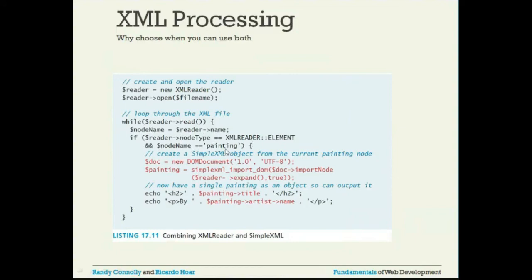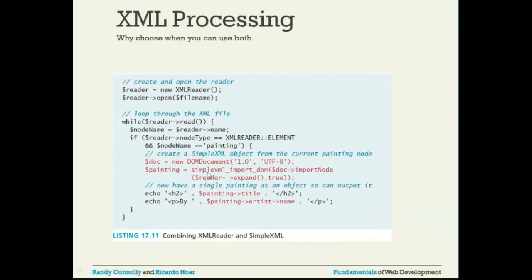So if it is a painting, the next thing is a SimpleXML object from the current painting node. We have created here a new DOMDocument object, and these are the parameters, version and encoding, and that DOMDocument object is stored in $doc.